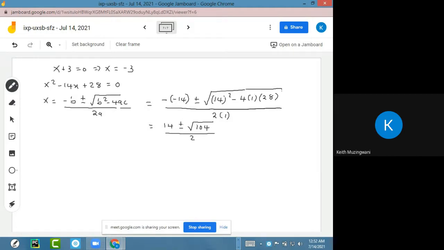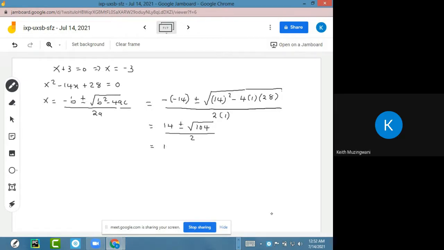Or we can leave it like this. It's okay. So we know that 104 is bigger than 100. The square root of 100 is 10. So this number is bigger than 10, but less than 11. So it's 10 point something.